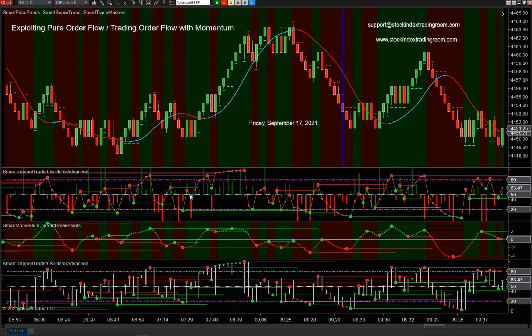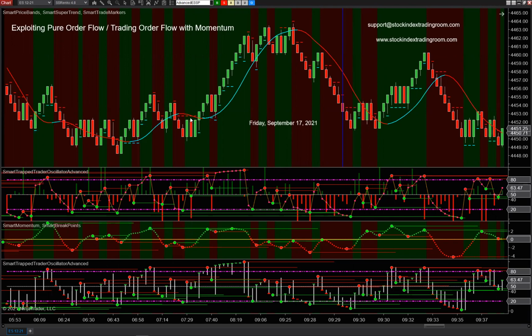Now, the first thing I'm going to show you, you're probably aware of this. We call this a trap trader oscillator or a TTO hook, where the market goes up and bounces off this midpoint line, okay? So this tells us that order flow is very strong up. We have all of this selling in here against up order flow and against up momentum, okay?